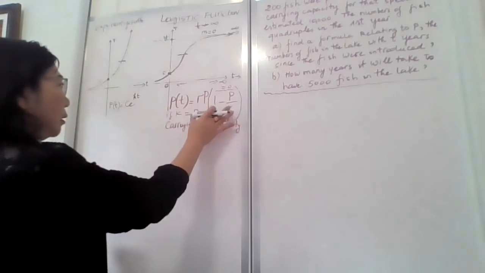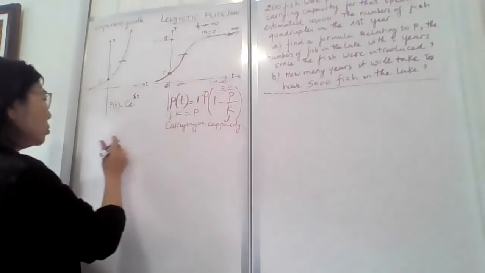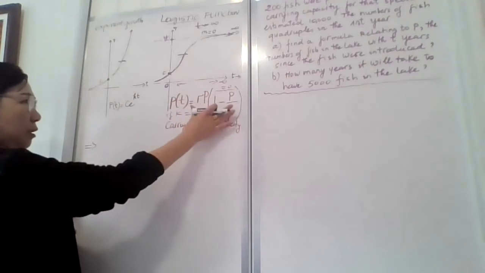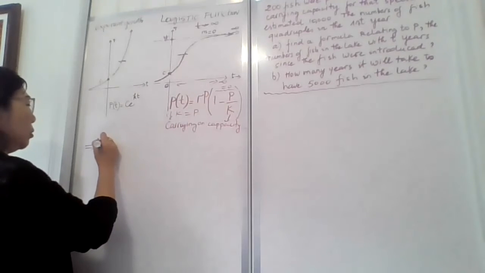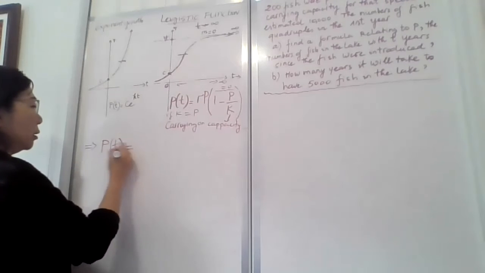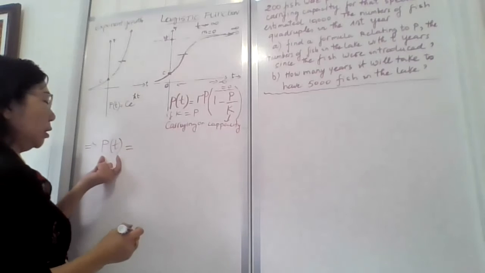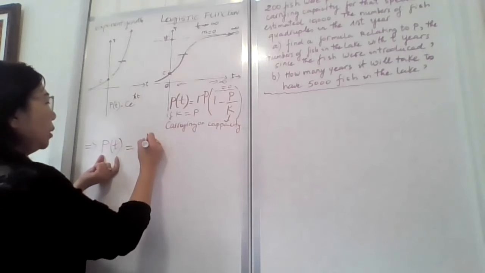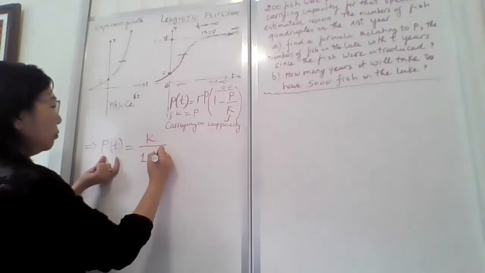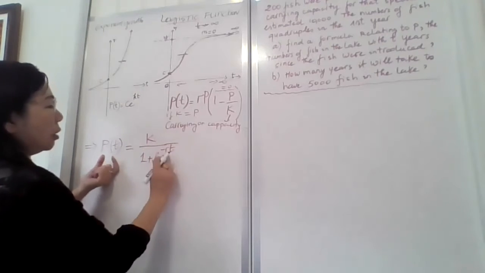So now, after this, we also learn, therefore, the formula of this differential equation will be: P of t, the function of population with respect to t, equals K divided by 1 plus C e to the minus rt, or kt.